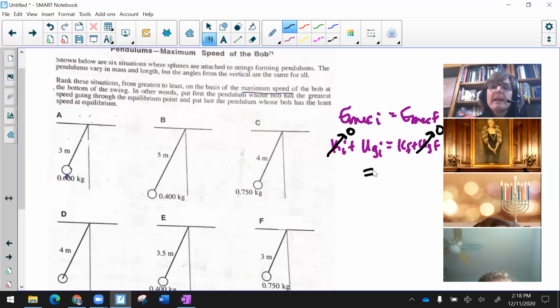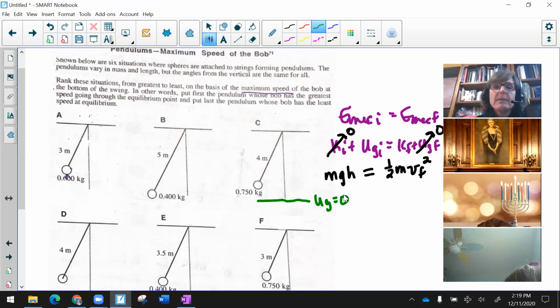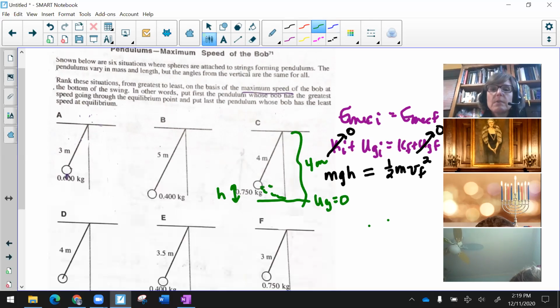Okay. So let's back up in case people forgot about that. So we've got 1/2 m v final squared is going to be mgh. So let's just look at C for a minute. And if we say UG is equal to 0 down here, then this is our height. But remember that this whole distance here is 4 meters.